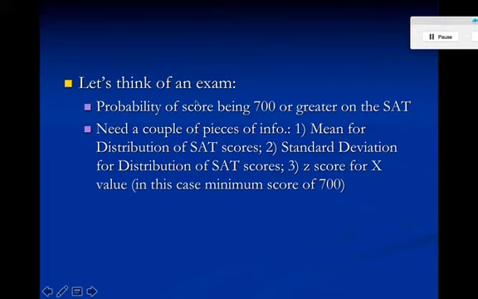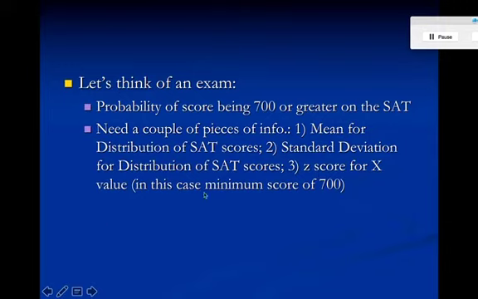So what's the probability of someone getting a 700 or greater on the SAT? To answer this question, we need a couple of key pieces of information. Number one, I need to know the mean for the distribution of SAT scores. Two, I need to know the standard deviation for the distribution of SAT scores. And last, I need to convert my raw score of 700 into a z-score.